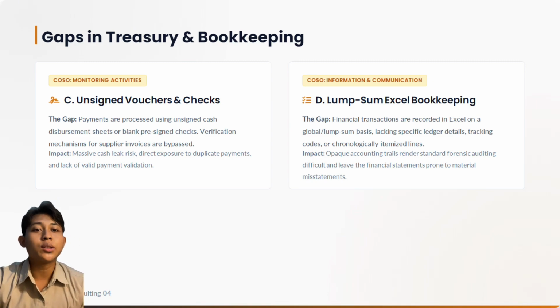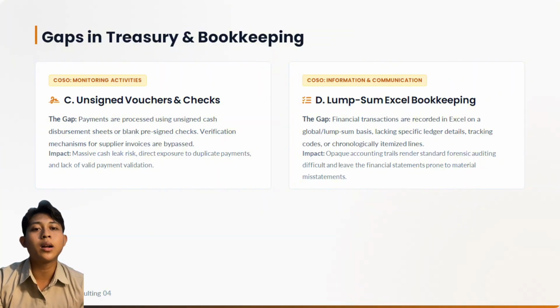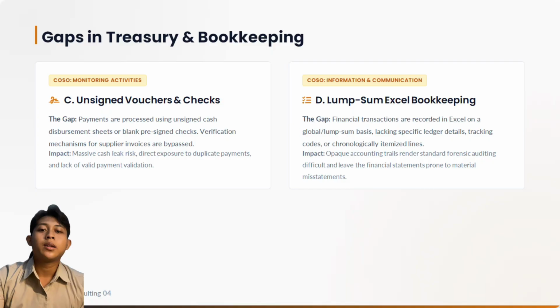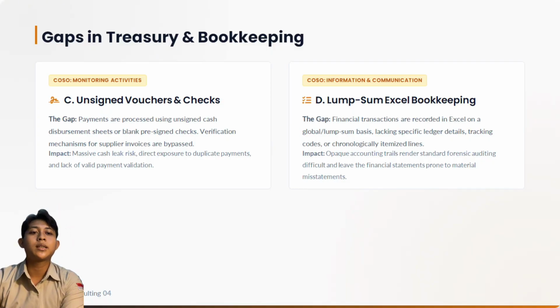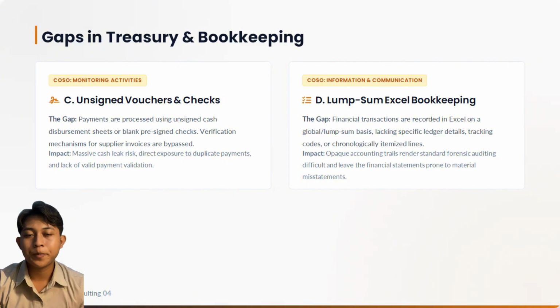This causes a total absence of oversight in the cash outflow process. The fact that duplicate payments occurred and went unnoticed proves that ABC MSME lacks a continuous evaluation process to assess the effectiveness of their internal control process.